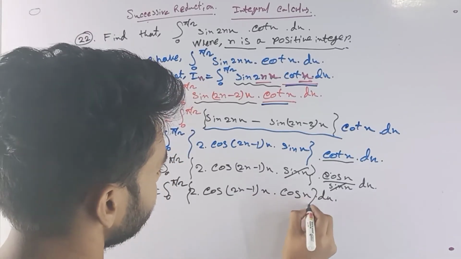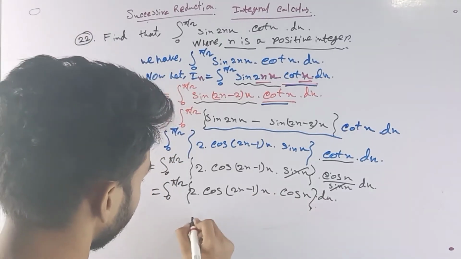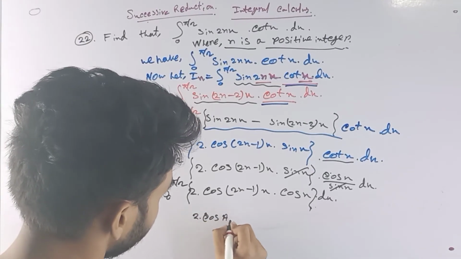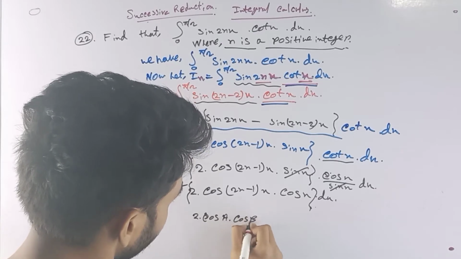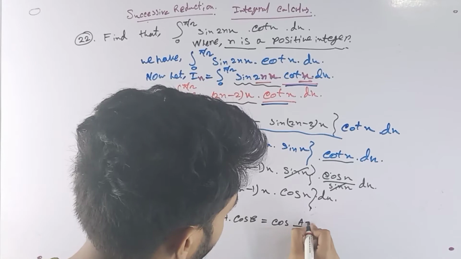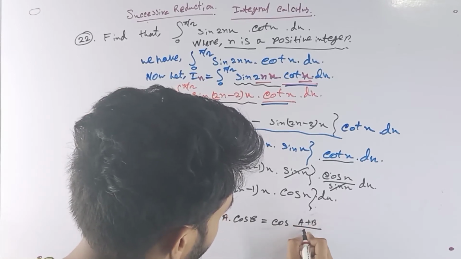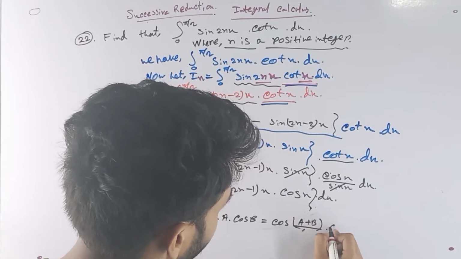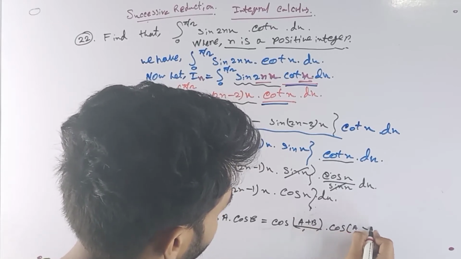Now 2 cos A cos B equals cos of (A plus B) plus cos of (A minus B).